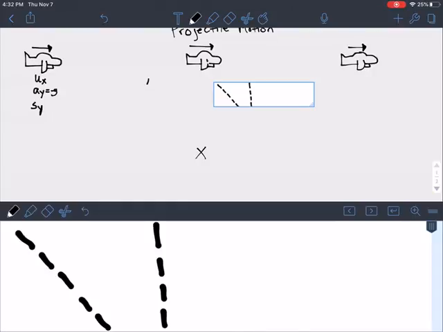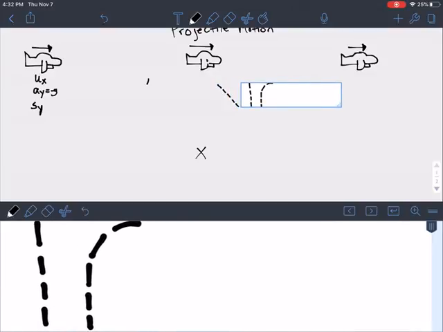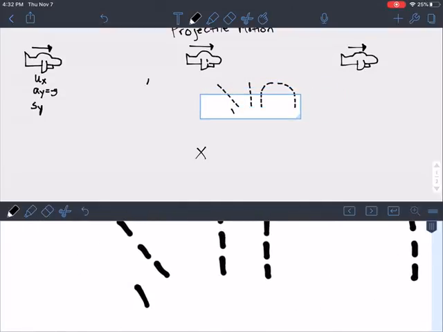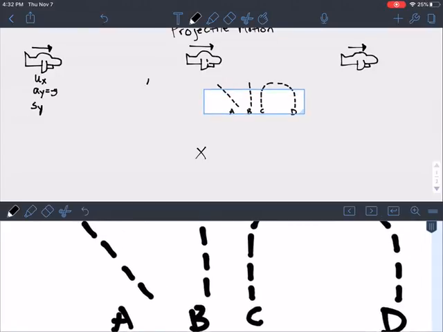Or it could possibly do something like this, a parabola. Or option 4, will it do something like this? So we've got 4 options. Let's say it's a multiple choice question, A, B, C, and D. Which one would be the correct path?